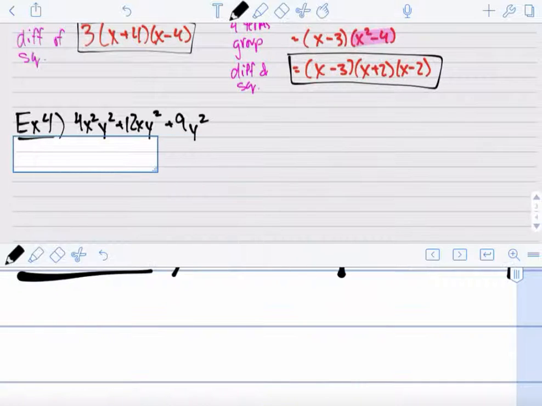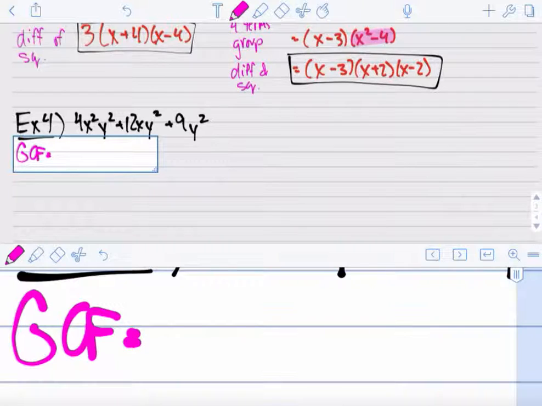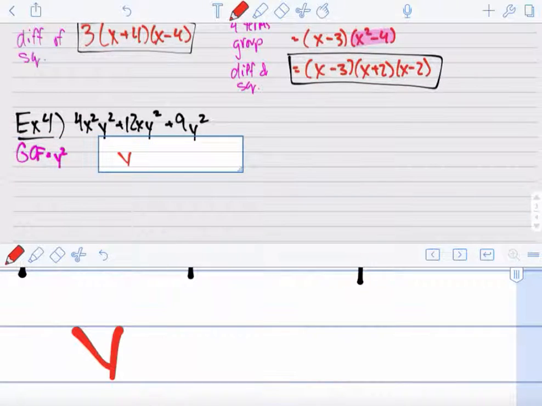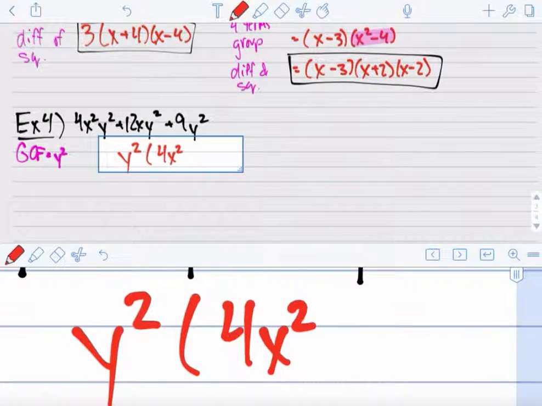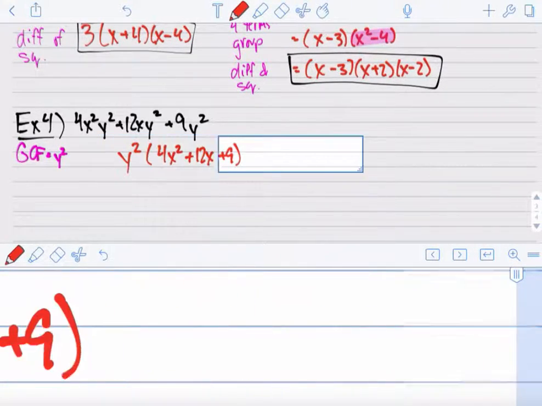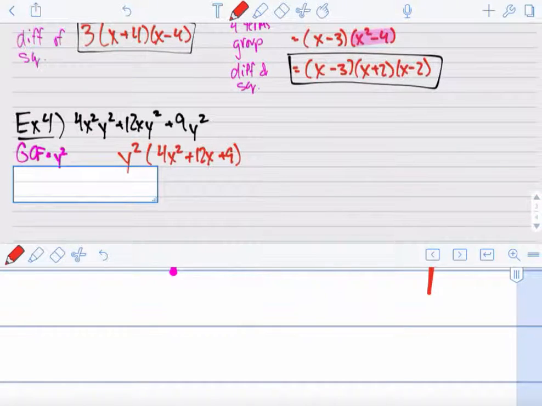So I'll look for a GCF. There is a GCF, y squared. I'm going to pull that out, and y squared leaves me with 4x squared plus 12x plus 9. That looks like it might be a perfect square trinomial.